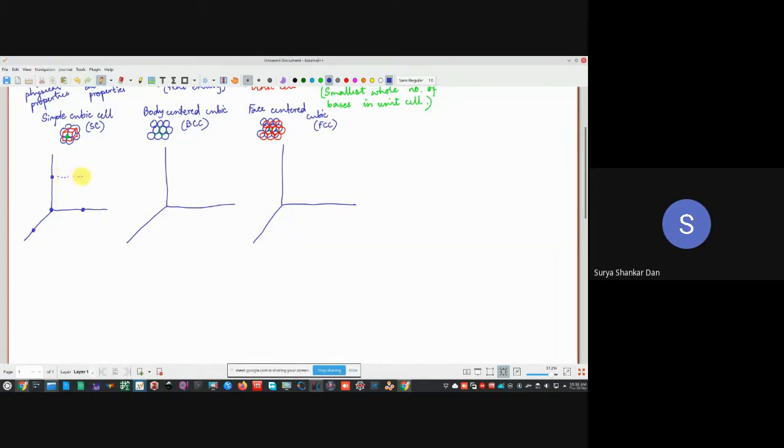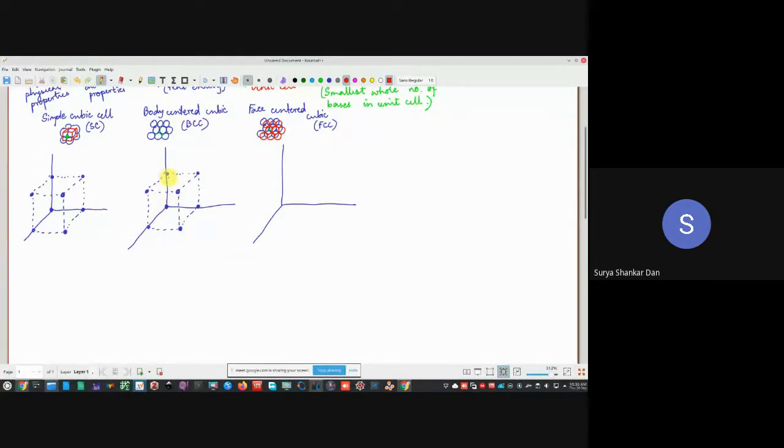Then somewhere here, here, here, and also this is a simple cubic structure. This is how you will find out the SC. Now, an improvement over this SC in terms of efficiency of the lattice is basically we are going to place another one exactly in the center of the diagonal.